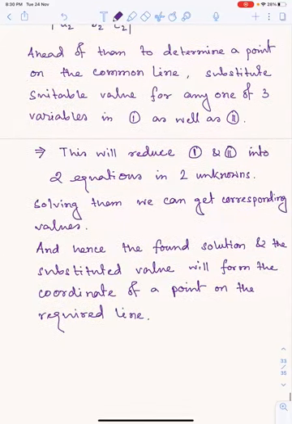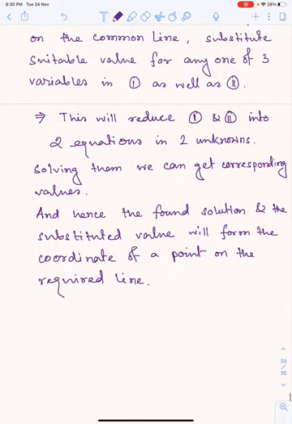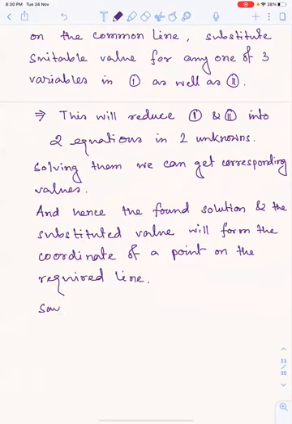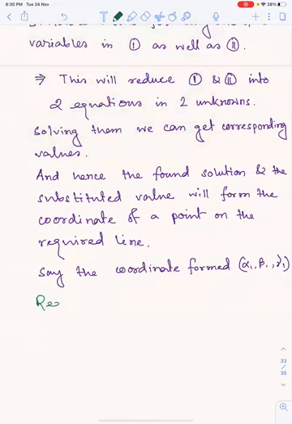Okay. So we have already decided the direction vector d. Say the coordinate formed is alpha 1, beta 1, gamma 1. So the required line will be... let's not mark it this way.